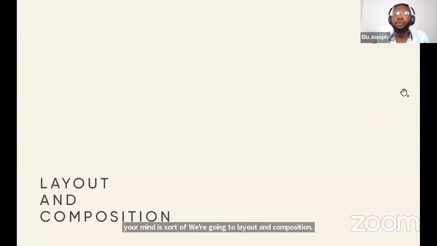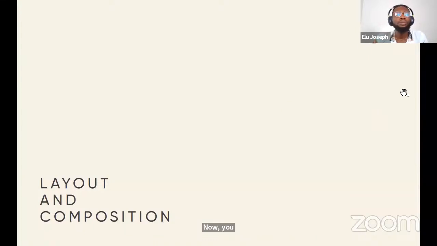Now, you're wondering, layout, composition, how do they work? What do they need? Why is it required for design, right?